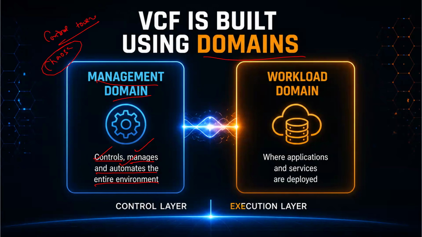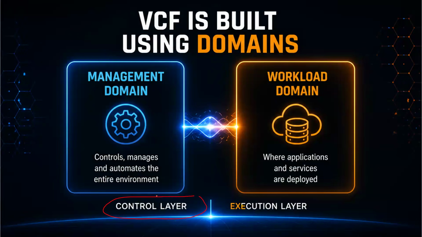On the other side, we have something called the workload domain. These are the environments where your enterprise applications actually run. Think about it this way: your management domain is a control layer which controls the cloud, whereas your workload domain is the layer which consumes the cloud.